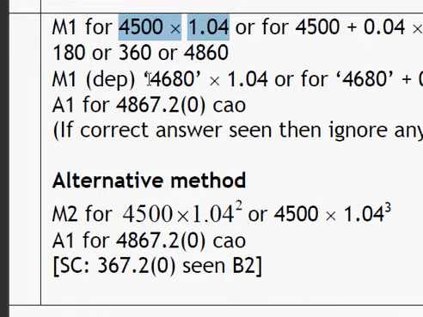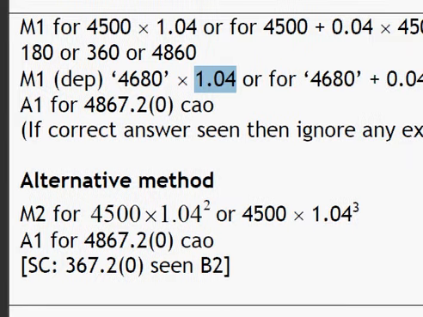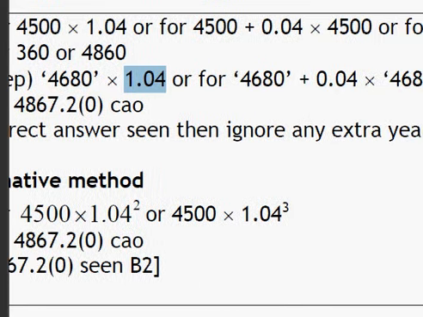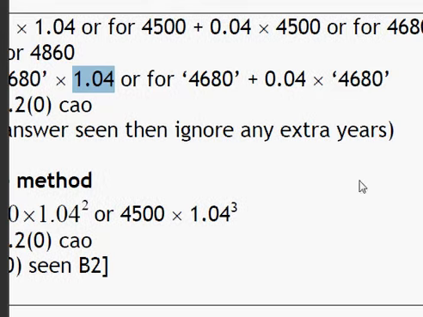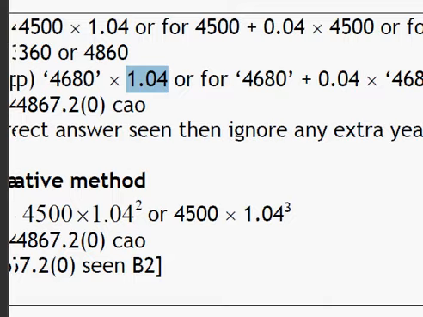Give yourself 1 mark if you wrote down your 4,680 times 1.04, or your 4,680 plus 0.04 times your 4,680.